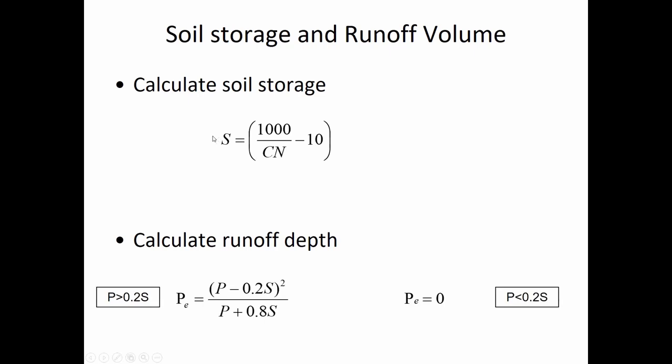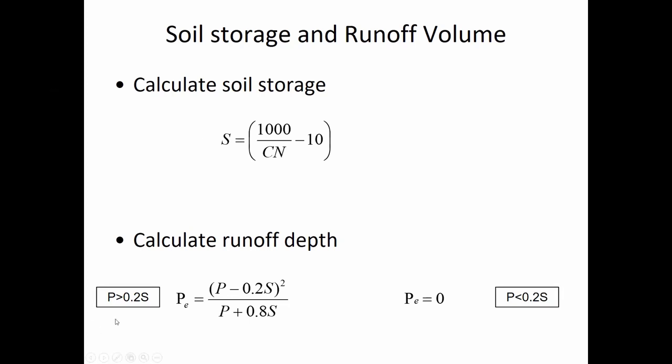Now once you have the storage, then the way that you calculate in the NRCS method, the rainfall excess, P sub E, is with this formula. And if the precipitation is greater than the initial abstraction, so remember 0.2S is how we account for the initial abstraction.